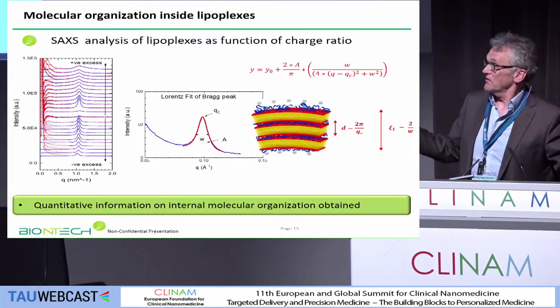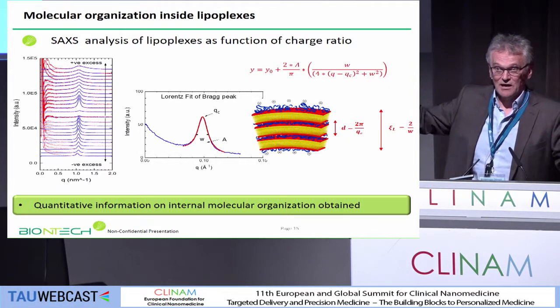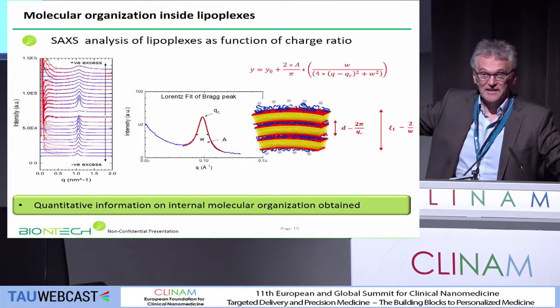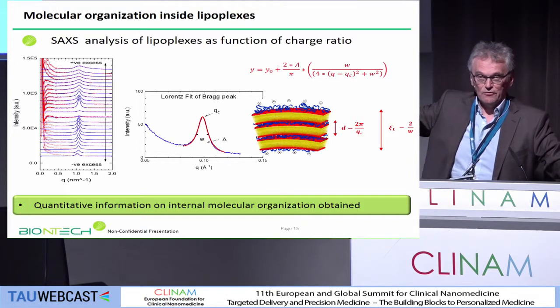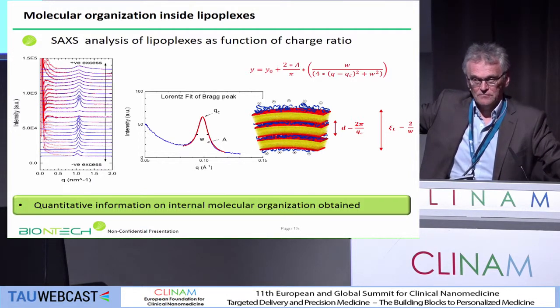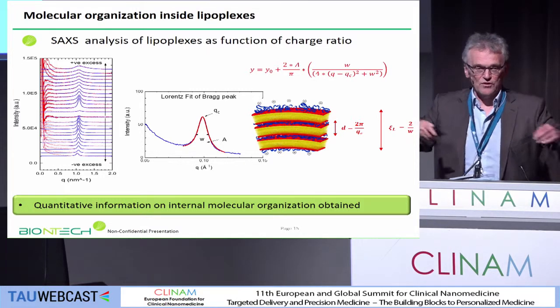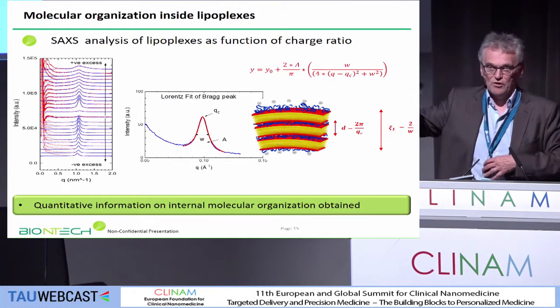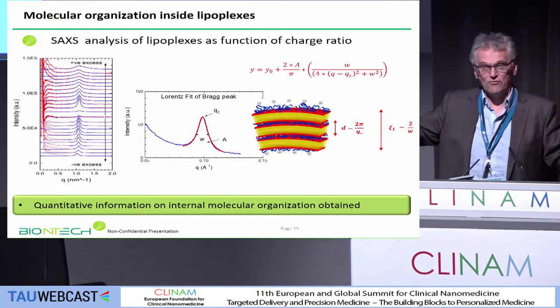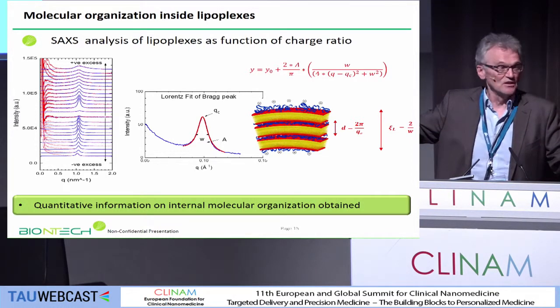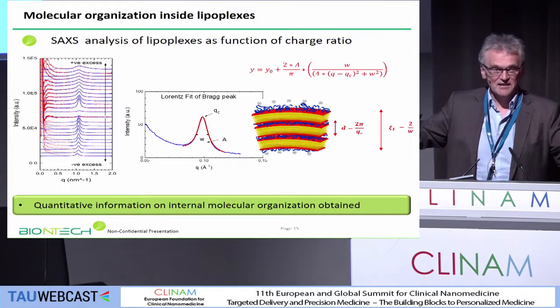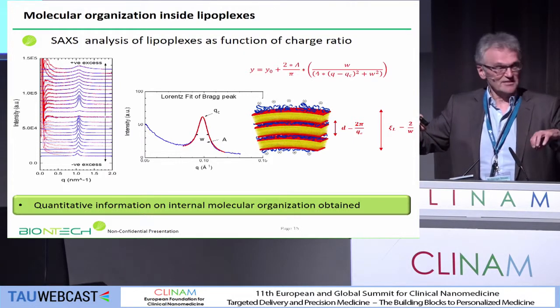So the remaining RNA, the accessible RNA, corresponds to a surface layer, and the fact that the fraction of free RNA is relatively constant with respect to the amount of added RNA means that we always form the same type of particles. So they have a similar size, and the surface fraction is always the same.